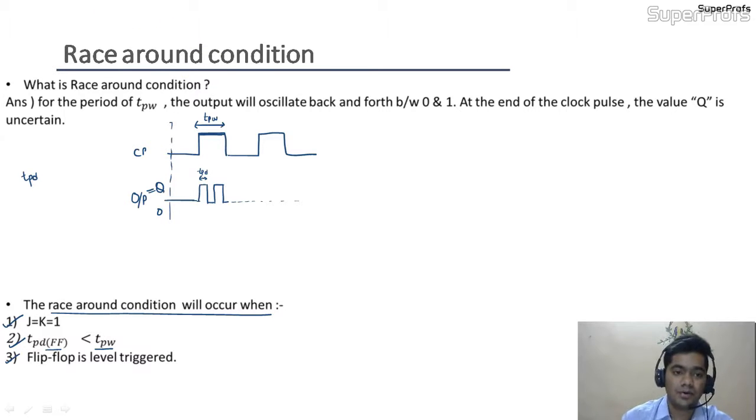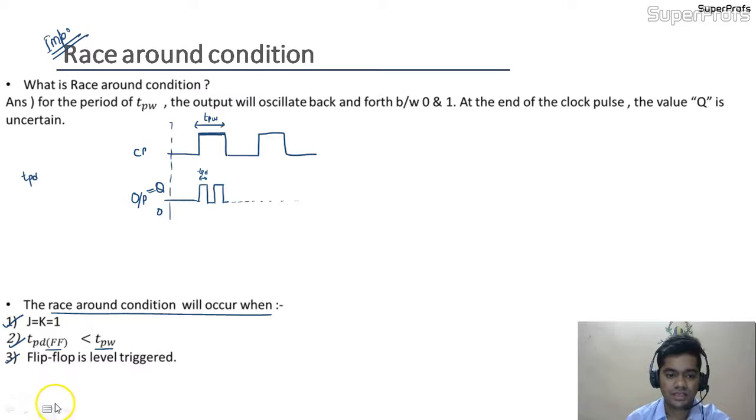So it is very important to understand the race around condition and what the methods are to rectify it. I hope you have made all these diagrams.